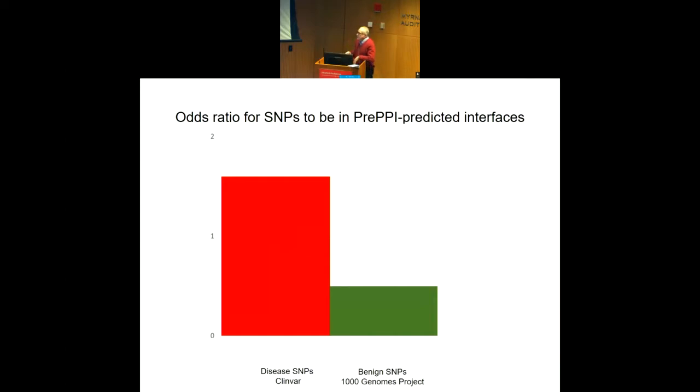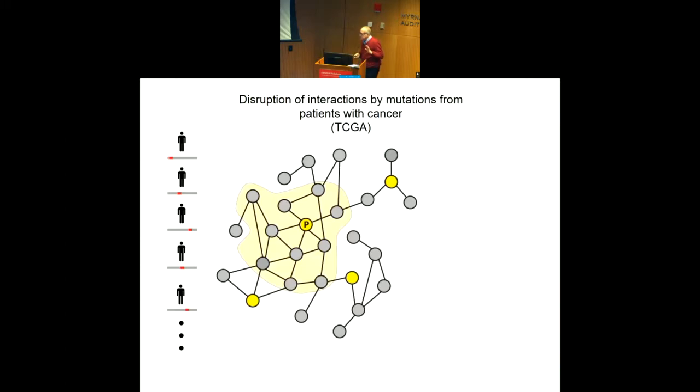Now we're using that, and this is really very preliminary, in the following way. We'd like to be able to predict whether a particular mutation is associated with cancer or not, and in particular look at rare mutations. So what we've done is construct a network of proteins. Let's say we're interested in a particular protein P. We have a PrEPI network.